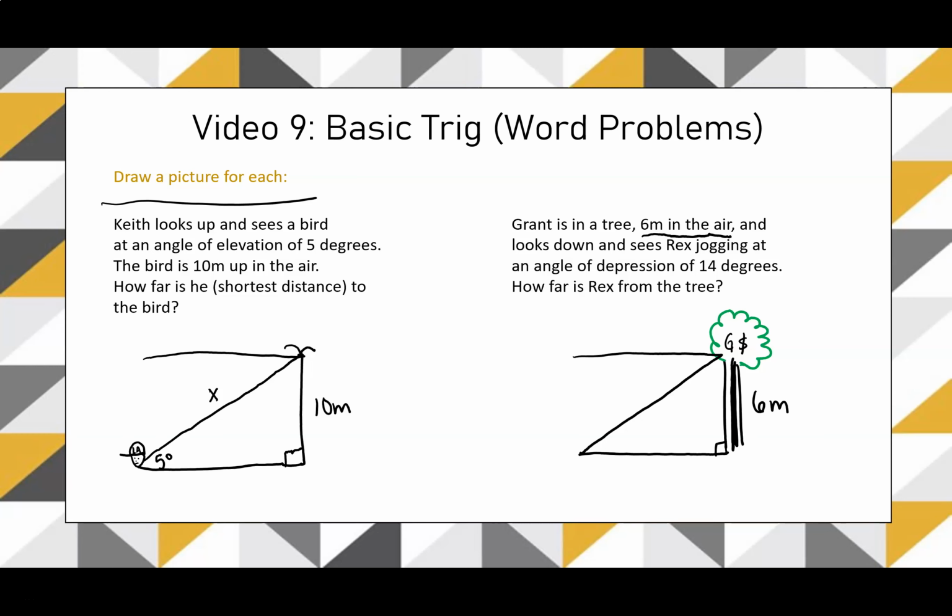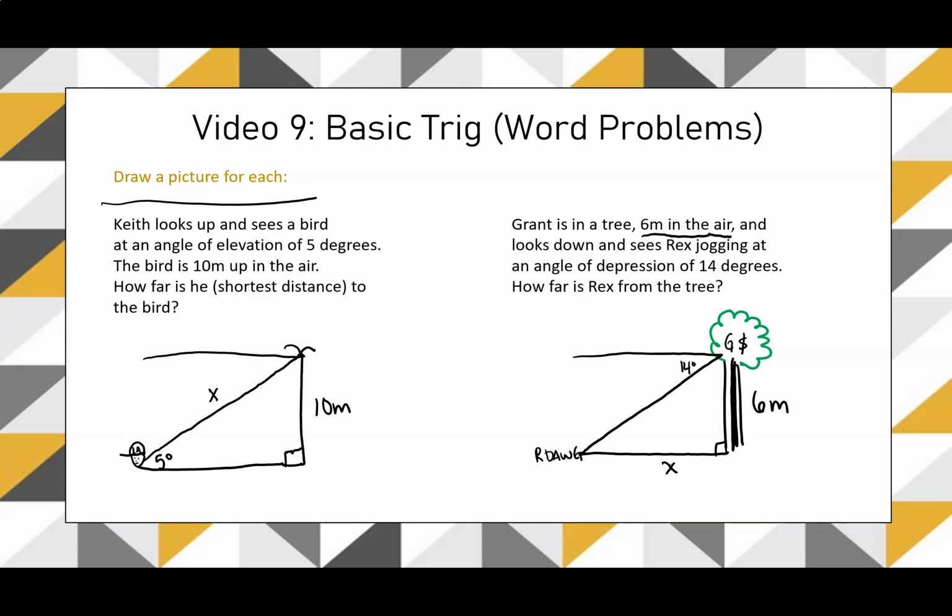Well, here's Rex. We'll call him our dog. Rex is right here, and Grant sees him at an angle of depression of 14 degrees, so we would put that here. And we want to know how far Rex is from the tree, or our dog from the tree. So that's our X right here. That's that distance from our dog to the tree, right?